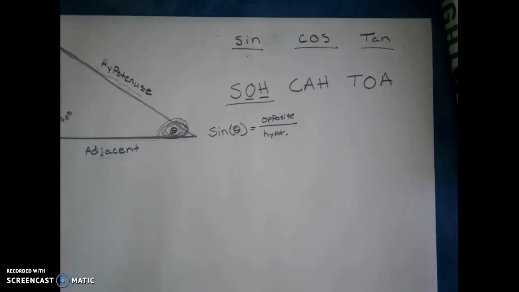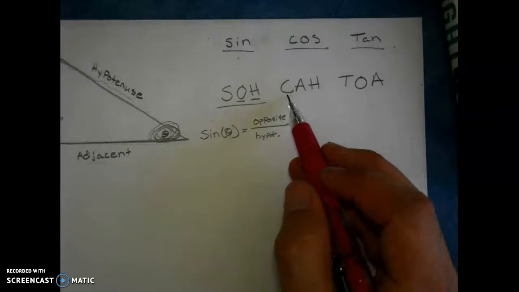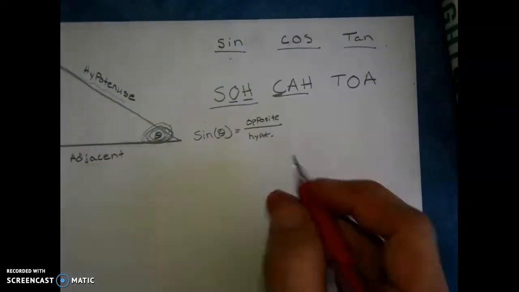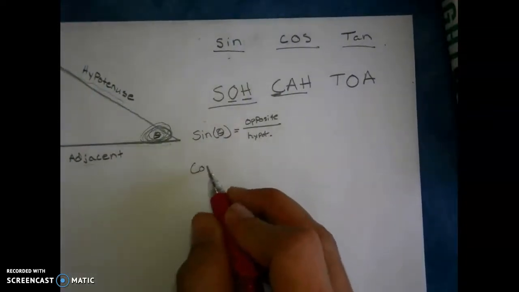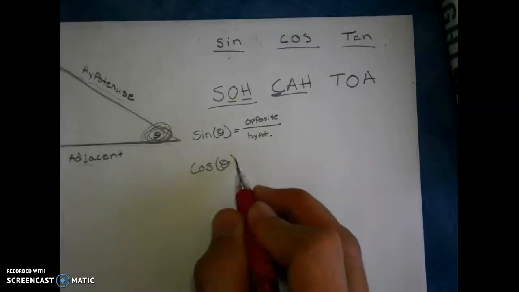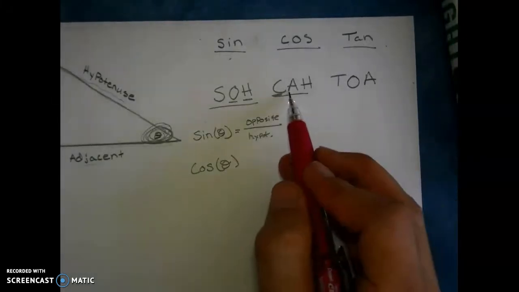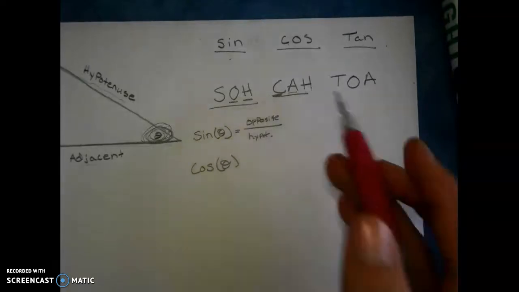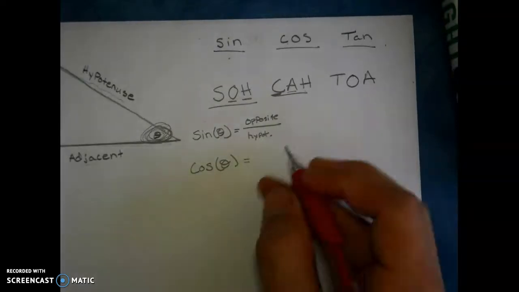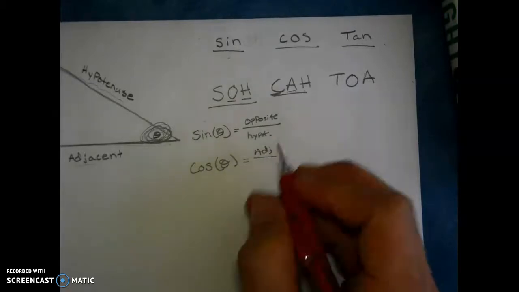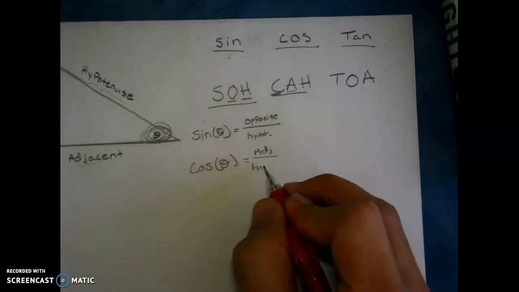Then the other two are very similar. With the C, we know we're using cosine. So this one is cosine of theta, where we're trying to find this missing angle here. This stands for adjacent over hypotenuse. So this is equal to adjacent over our hypotenuse.